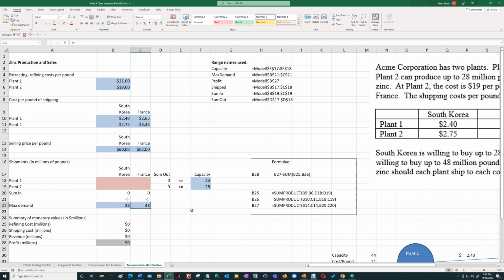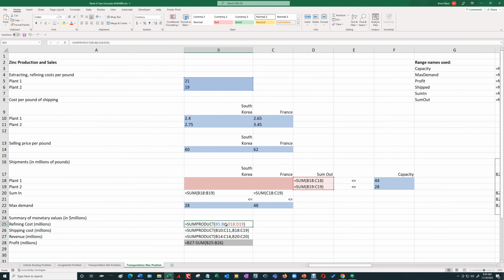So in order to figure out the profit, we need to first come up with what the refining cost is of the solution. To do that, we have to take the sum product of B5 and B6, which is these two, multiplied by the sum of these two. So that's where this formula comes from right there: SUMPRODUCT of B5 to B6, D18 to D19, which is here. So these two and these two.